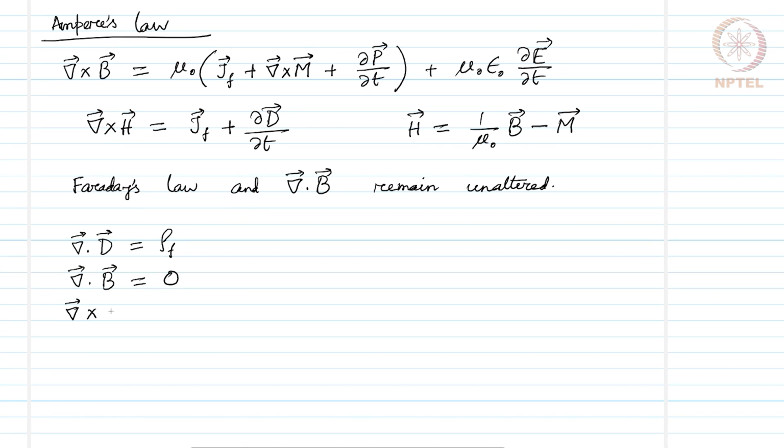The curl of the electric field, that's Faraday's law, is unaltered, minus del B del t, and the curl of the magnetic H field is Jf, the free current density, plus del D del t, the time derivative of the displacement vector. Now, let us consider the boundary conditions with Maxwell's equations in the presence of matter.